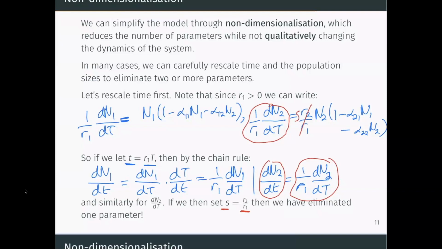Well, rather than having an r1 and r2 parameter in these two equations, I've now just got one parameter, s, that refers to the intrinsic growth rates. This tells us something about the relationship between the intrinsic growth rates of species 1 compared to species 2. So doing this means we've reduced the number of parameters by 1. Rather than having 6 parameters in this system, we now just have 5.